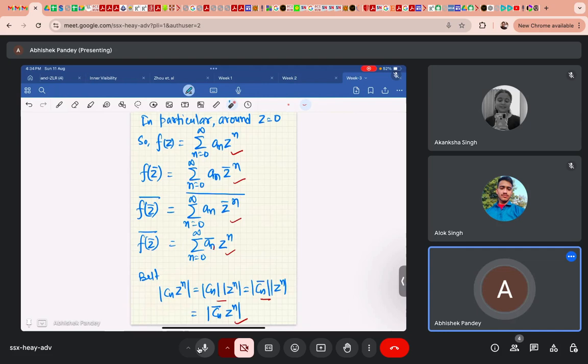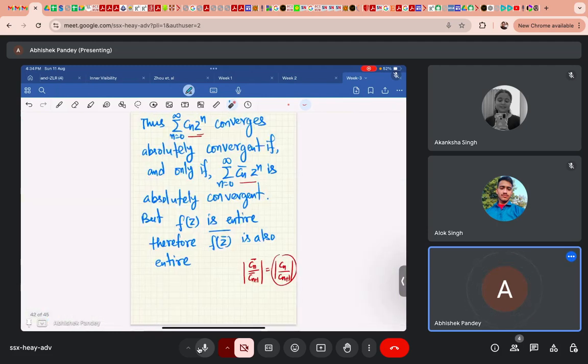You just take the modulus here. What is c_n bar? c_n bar is again a_n. Now a_n z to the power n. So this means this thing converges absolutely if and only if this is absolutely convergent. Thus, since f(z) is entire, therefore this is also entire. Is it clear?